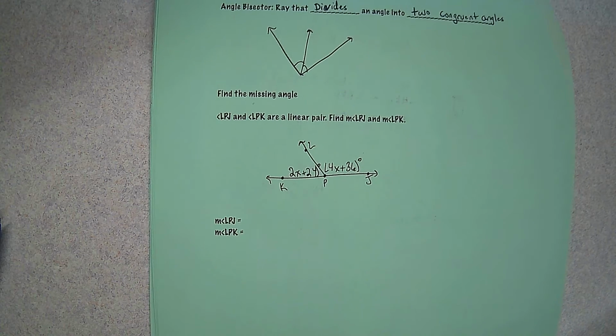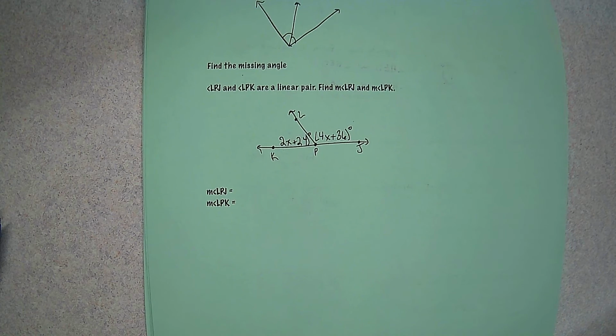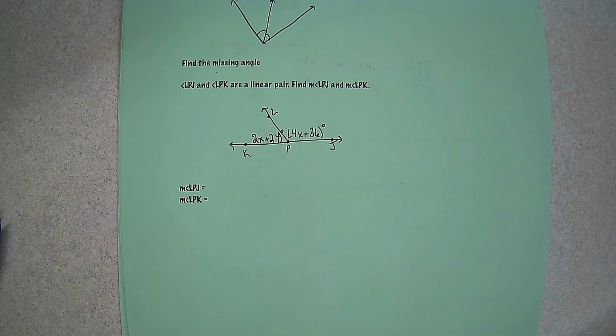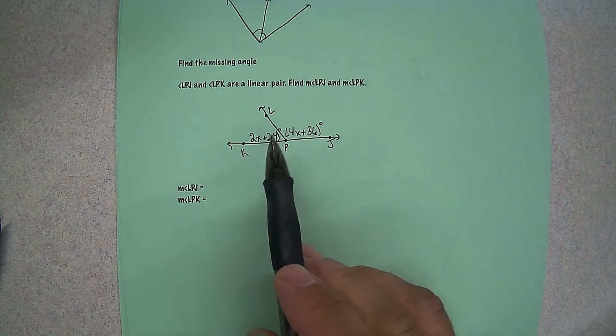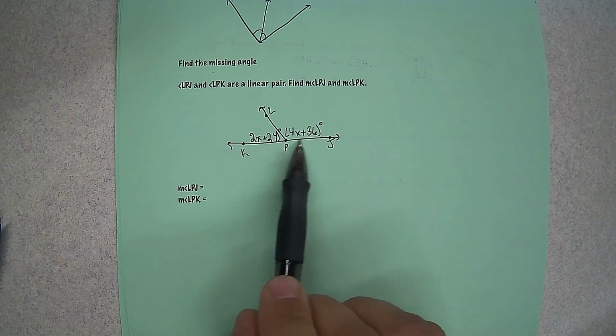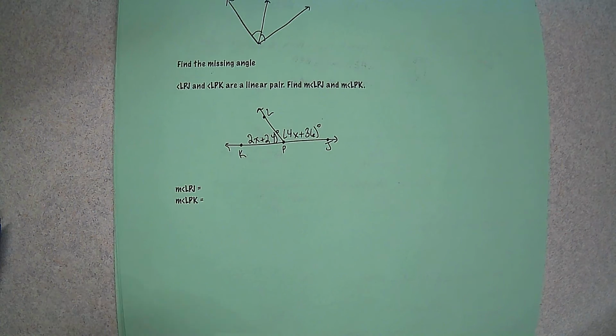All right, one last thing that we're going to do with this is look at if I'm given equations, I can figure out the angle. So it says angle LPJ and angle LPK are a linear pair. Find the measure of angle LPJ and the measure of angle LPK.